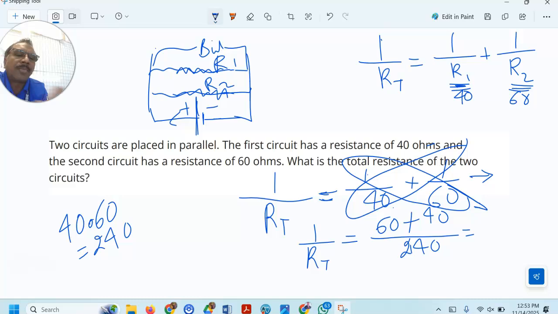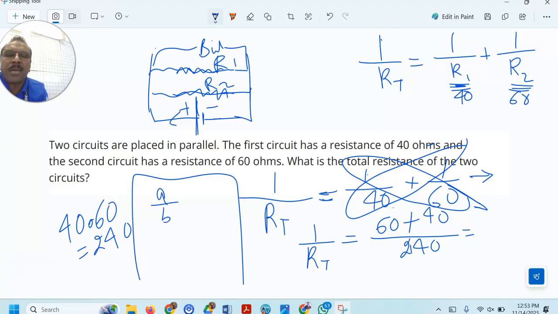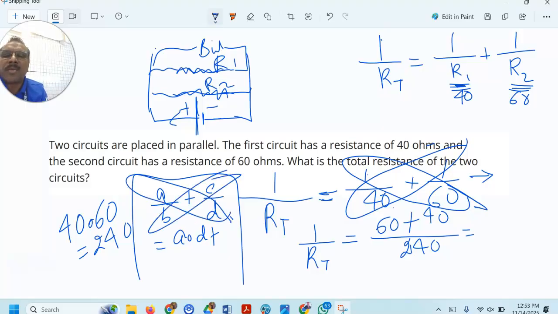So what formula did I use? Suppose you have A over B plus C over D. You can always write this as A times D plus B times C, divided by B times D. That is the formula, also called cross product.